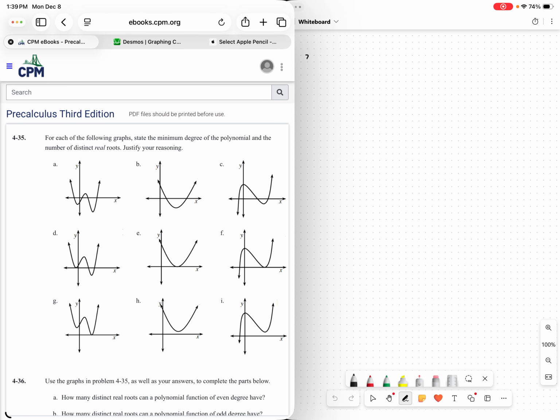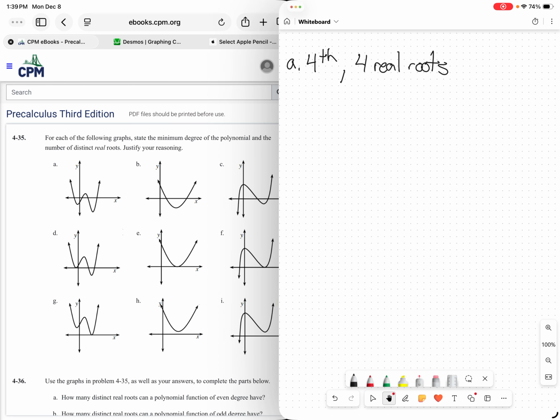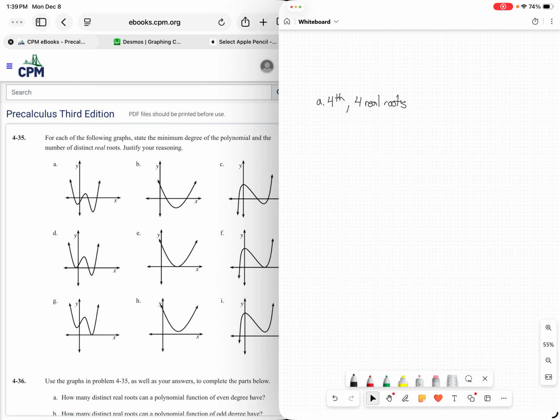So with A, I would have to say that the minimum degree there would have to be 4th, right? It would have to be a 4th degree. And then there are 4 real roots, 4 that we can see on the graph, right? And then let's go to B here, and I'm going to try to go in the same order because we're going to come back to this in a second.